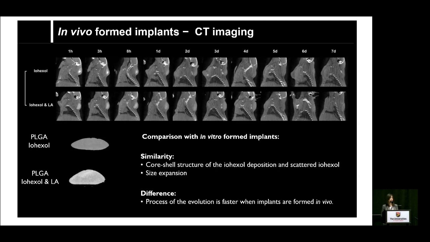So to compare the trend, we see a similarity of the trend in vitro and in vivo. But in vivo, things happen a bit faster compared to in vitro, because we see this phenomenon probably not at 7 days, but a bit later, like 11 or 12 days.